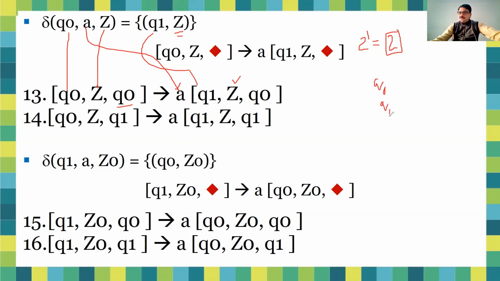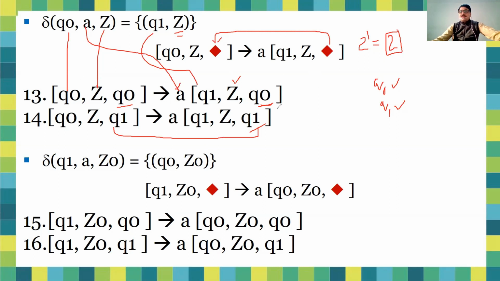The first time you can put Q0, and the other time you can put Q1. So first time we put here Q0, and the other time we put here Q1. The last one is already copied to this place, I already told you in the previous case. So just copy here Q1 and copy here Q0.